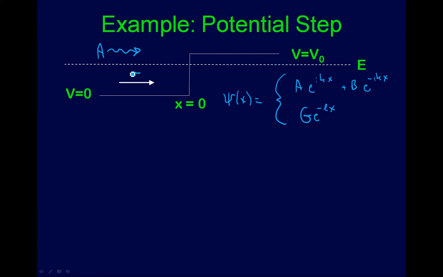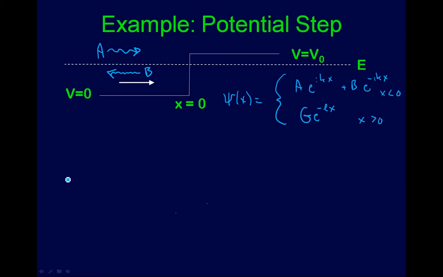And B is going to be the one that's reflected back, right? Because we know that when it's a positive ikx, it's right moving. When it's a negative ikx, it's left moving. And so whenever we have these scattering problems, we can interpret A as the incoming, B as the reflected, and then G is just going to be the exponential decay tail, something looking like that, into the classically forbidden region. All right, that's how we're going to interpret these particular pieces.